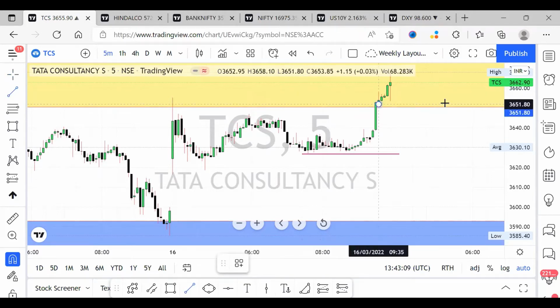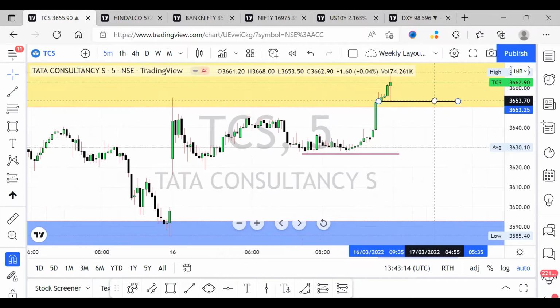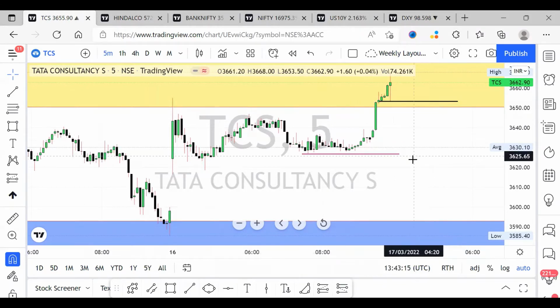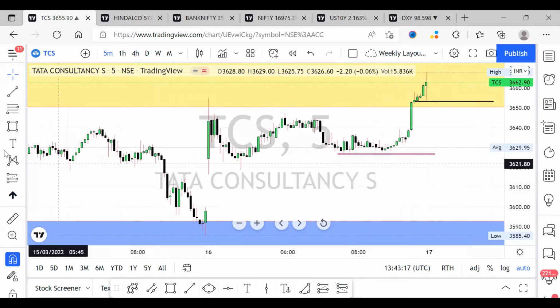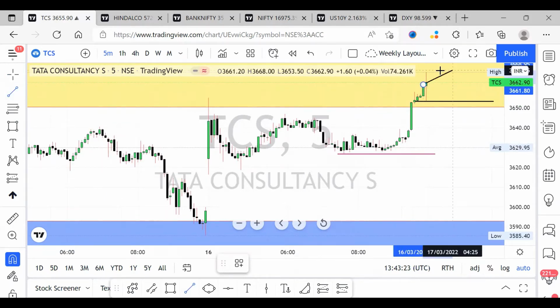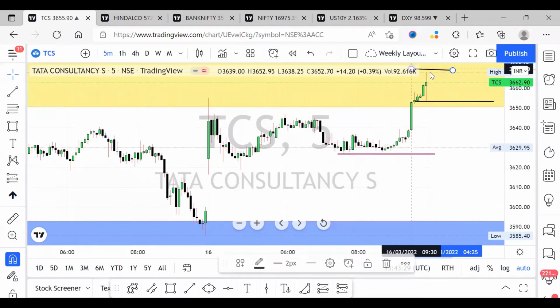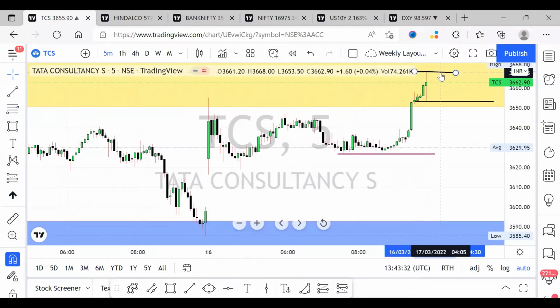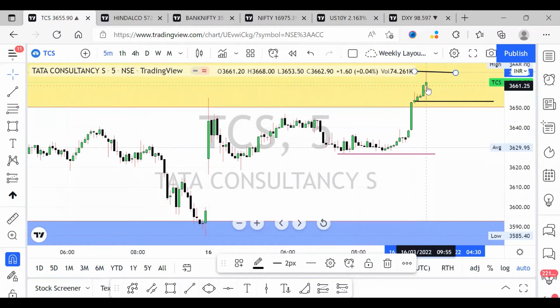At the moment, it hasn't gone below here. So that's a short-term low. Also if you look at it from here, that's your short-term high there. Price did not go above here, and price did not go below here. So that's the zone that you need to be really careful of.